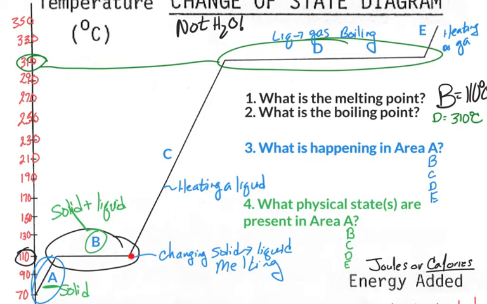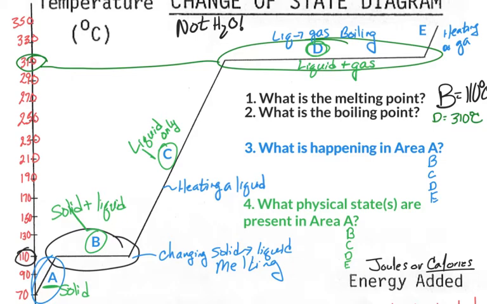Then as we go up, we're going to see that we have only the liquid present. So whenever you see that rise in temperature, that means you have only one state. But then when you see it go flat across, you know that you should have two different states. So when you get to letter D, you should see that that is going to be both the liquid and the gas. And how do I know if it's the melting or the boiling? We know this because of the position on the curve.